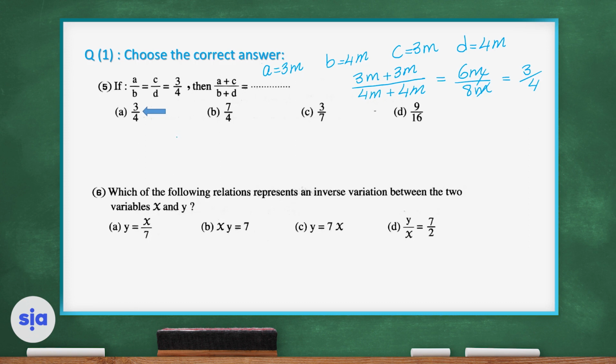Here, the right answer is choice B. Why is it choice B? Because if you check choice B, you will see that if xy equals 7, then y is 7 over x. And choice C, for example, is showing us a direct variation.